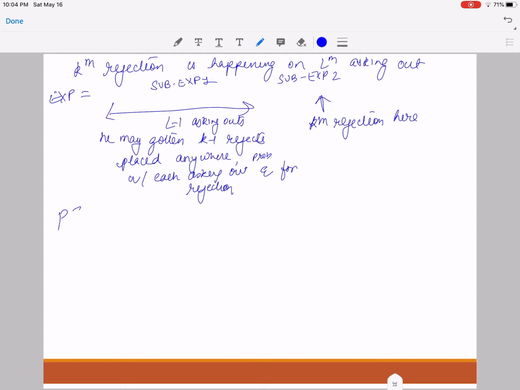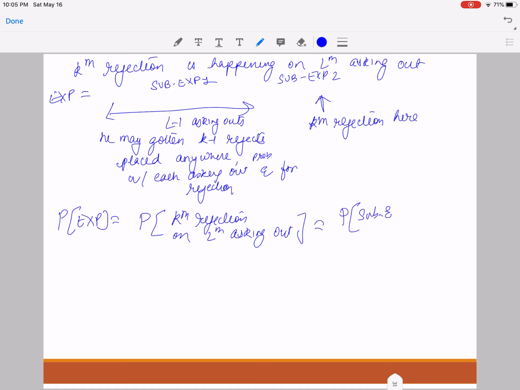So the probability of the entire experiment, the probability of the Kth rejection on the Lth asking out, can be given by evaluating the probability of sub-experiment 1 times the probability of sub-experiment 2, because experiments 1 and 2 are independent of each other.